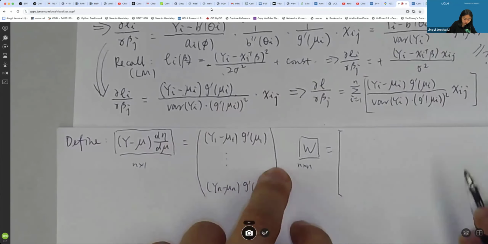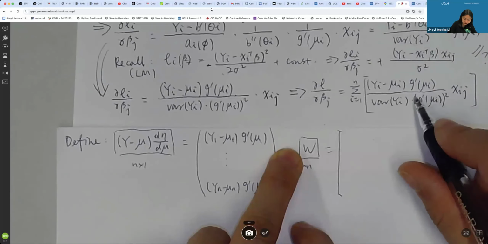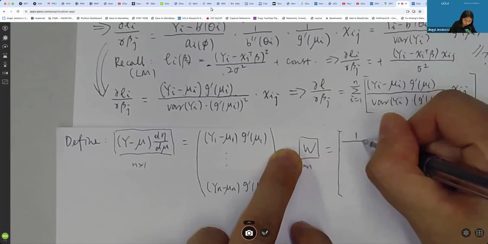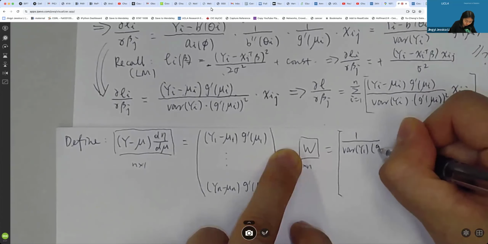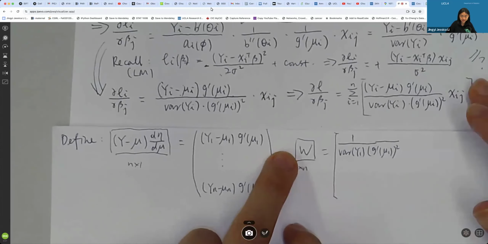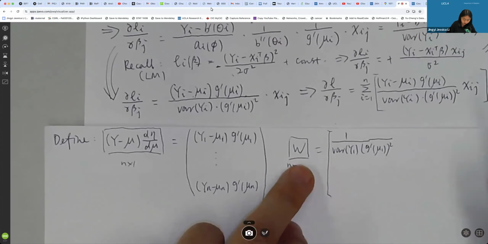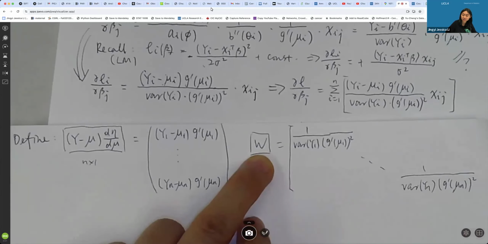In the diagonal matrix, each entry on the diagonal is just what we have in the denominator. 1 over variance of y1 times g prime mu1 squared, that's the first one. And we have the diagonal entry 1 over variance of yn times g prime mu n squared, that's the last one.